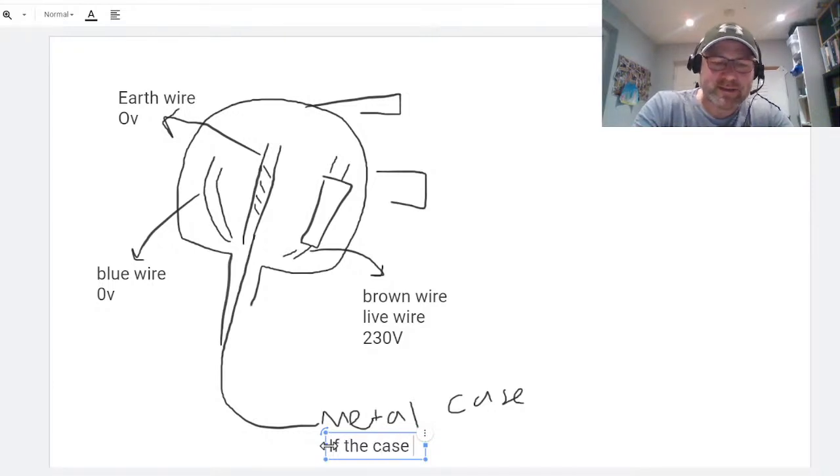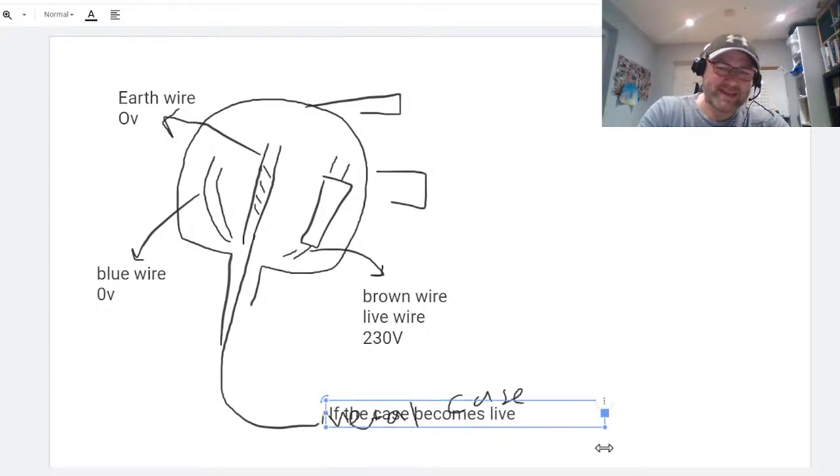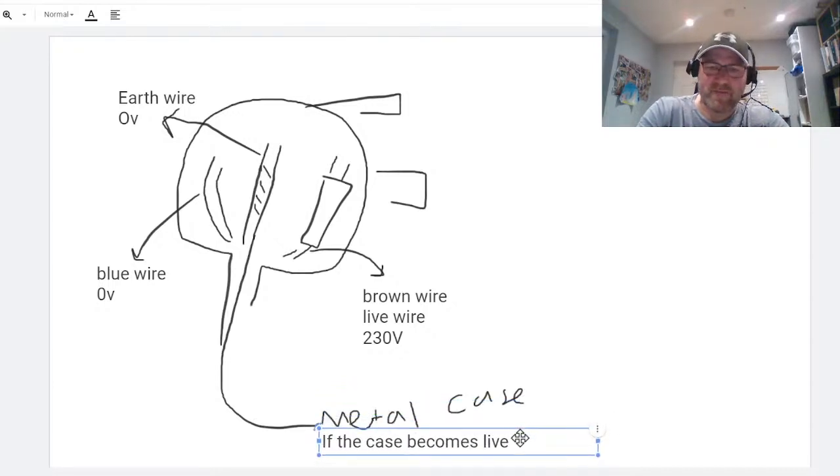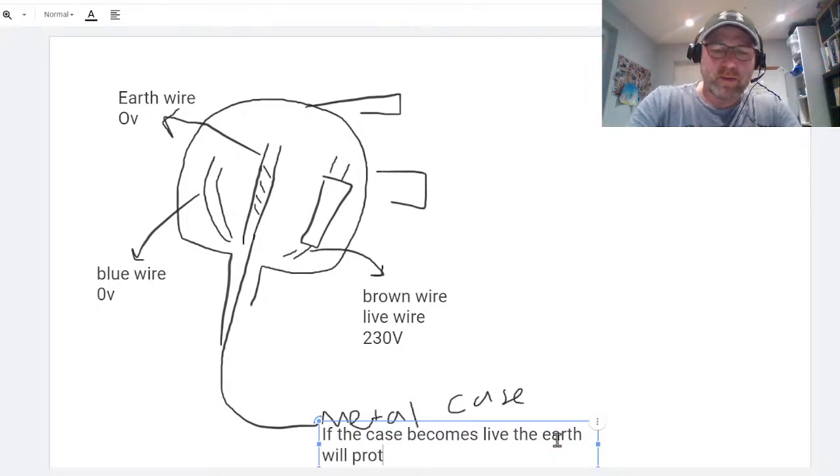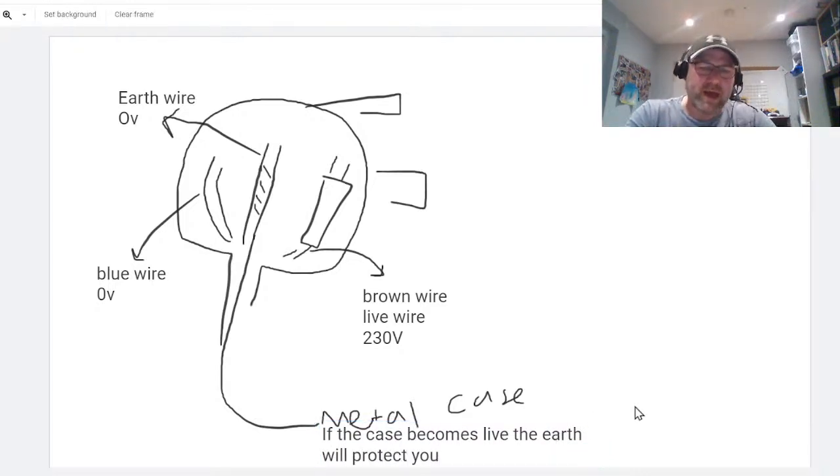If the case becomes live, what that means is if the 230 volts start flowing through the metal case, or current starts flowing through the metal case, the earth will protect you. It will stop you getting an electric shock.